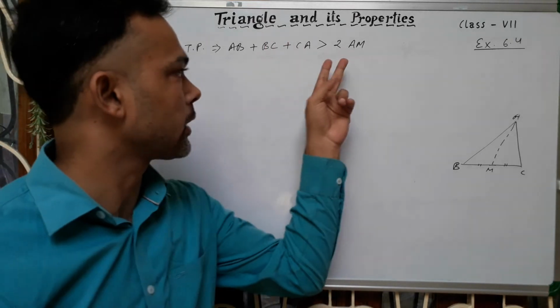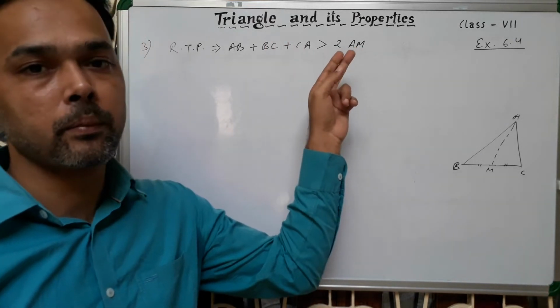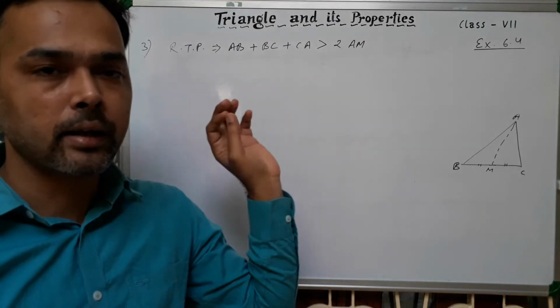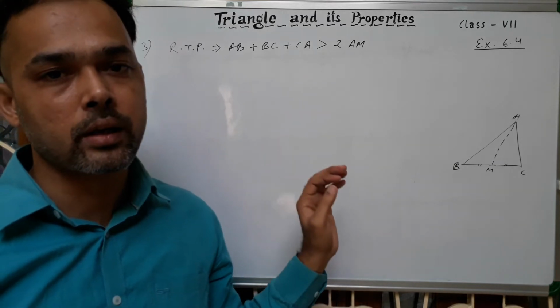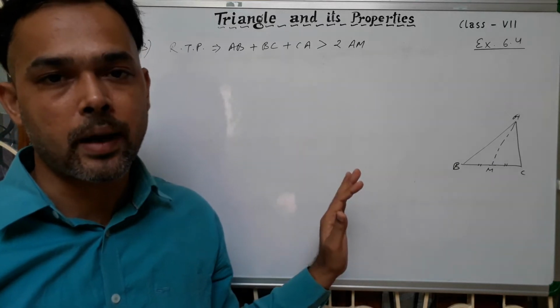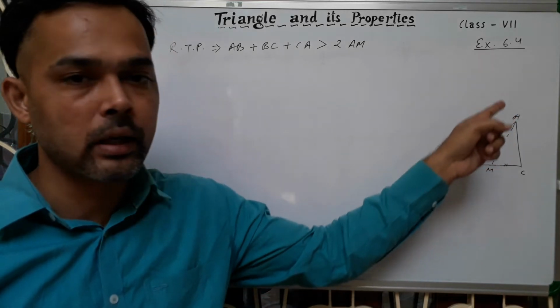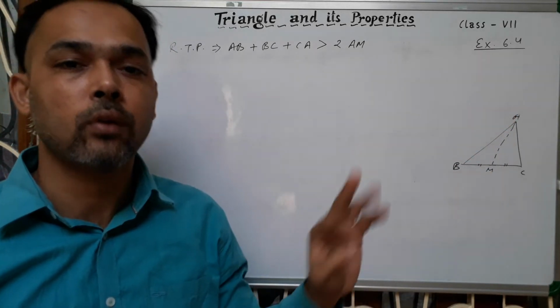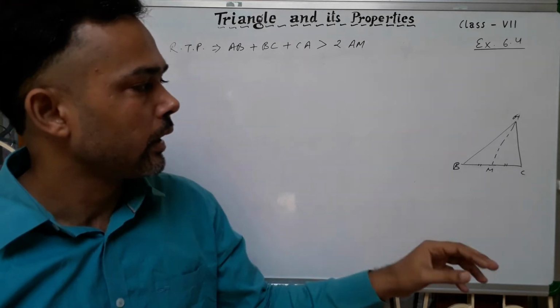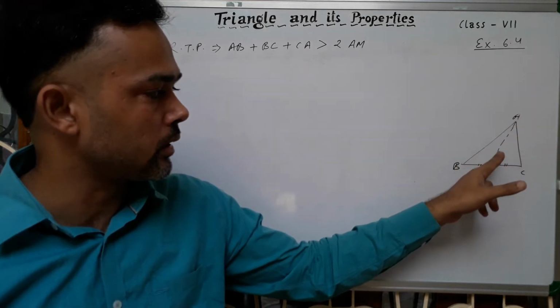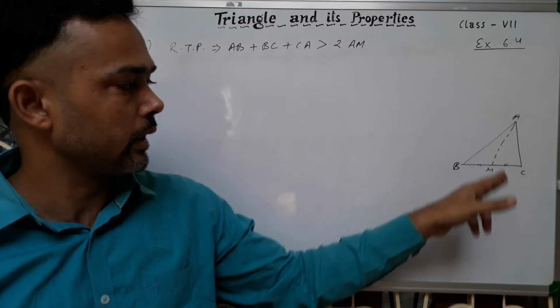What you are observing here is that AM is written twice. It means we have to take triangles in such a manner that AM becomes the common side for those two triangles. That is possible only when you take triangle AMB and triangle AMC.